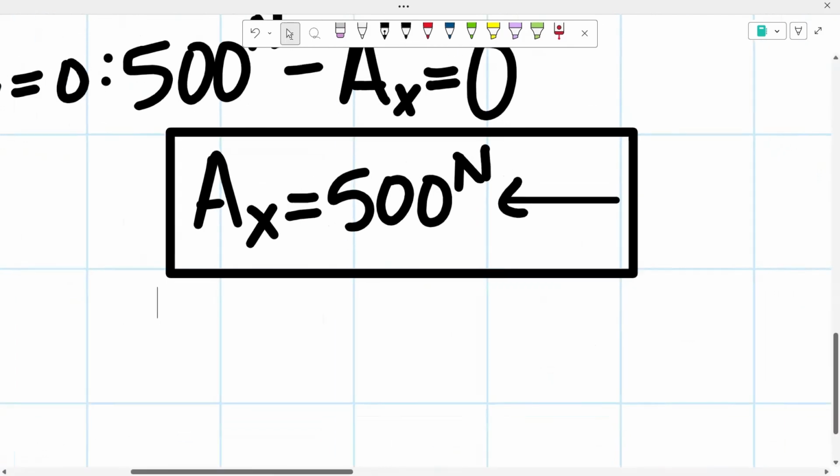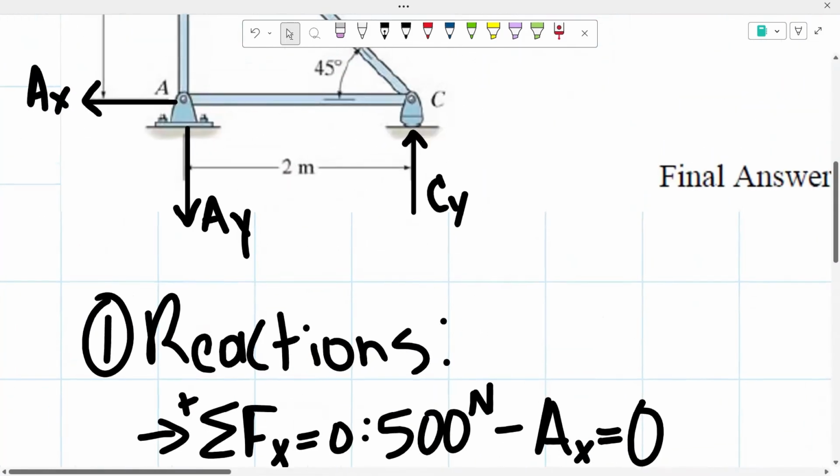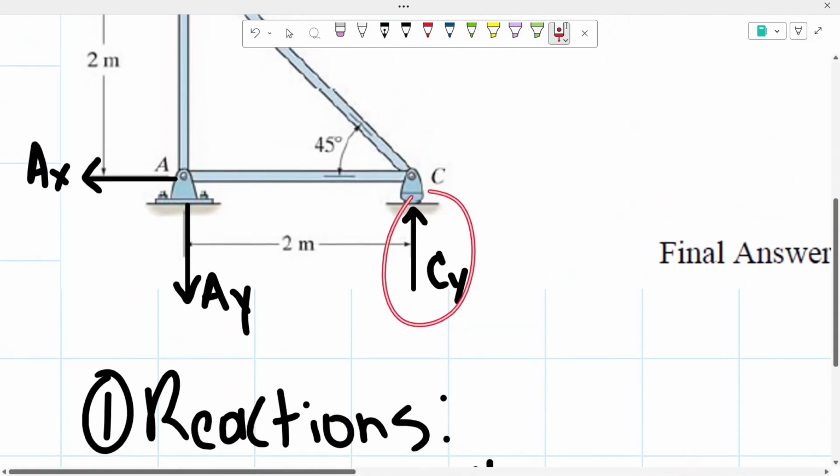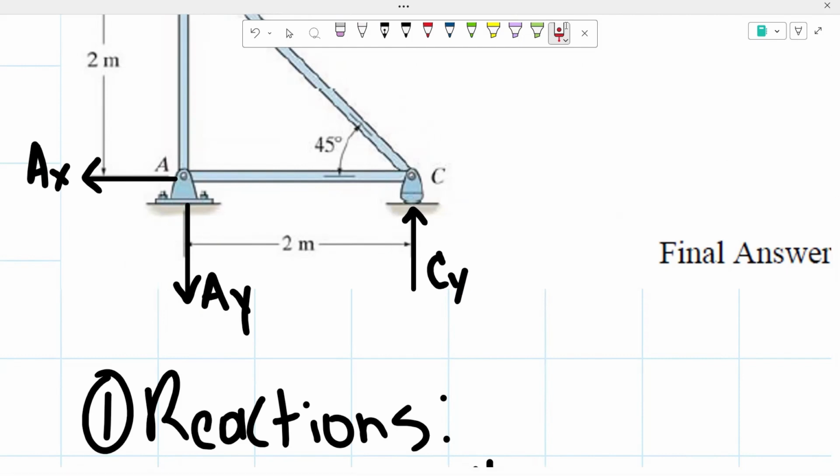Now, the next thing that we're going to do is take the sum of the moments about a point, since we have two unknown vertical forces. I'm going to take the moment about point A, so that way I can solve for C of y.